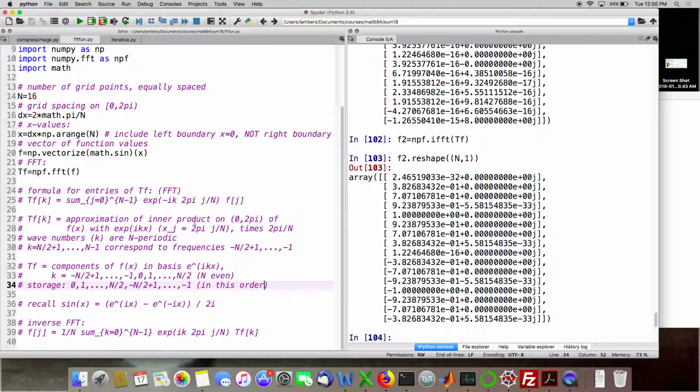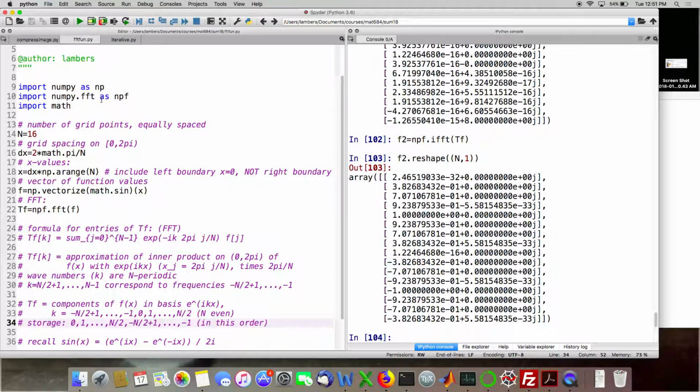So now we have the ability to use FFT and IFFT. There are higher dimensional FFTs and inverse FFTs. All of that is under the subpackage numpy.fft. They're all in there. There's also a version of the FFT specifically for real input values, where it takes advantage of certain symmetries to reduce the storage of the output.